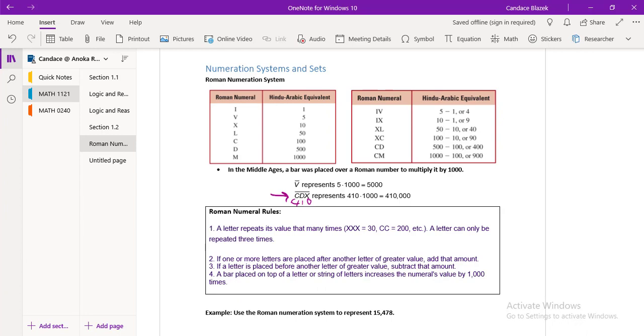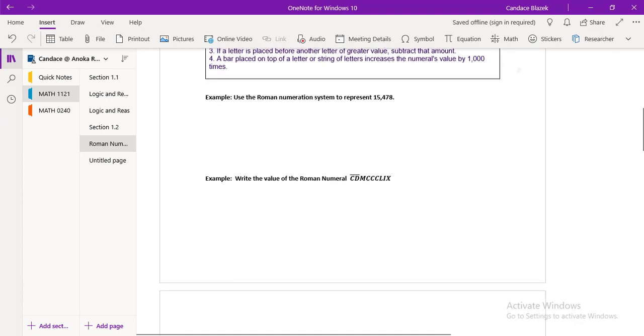Number 2, if one or more letters are placed after another letter of greater value, we add that amount. Number 3, if a letter is placed before another letter of greater value, you subtract that amount. And 4, a bar placed on the top of a letter or string of letters increases the number's value by 1000 times. So let's look at a few examples of what we would do.